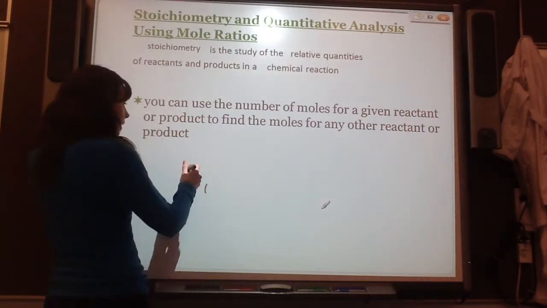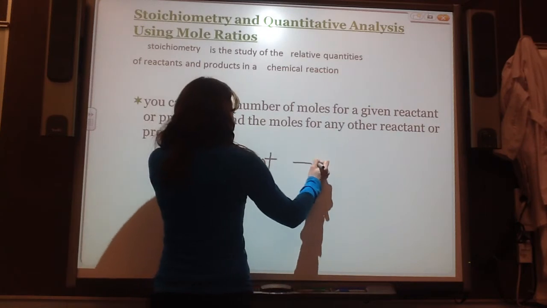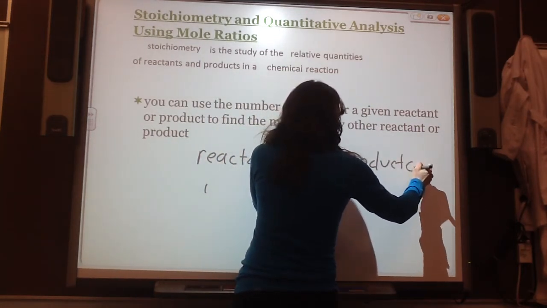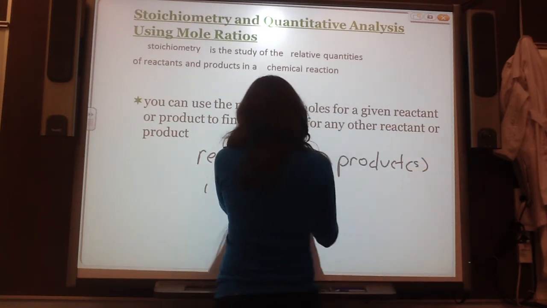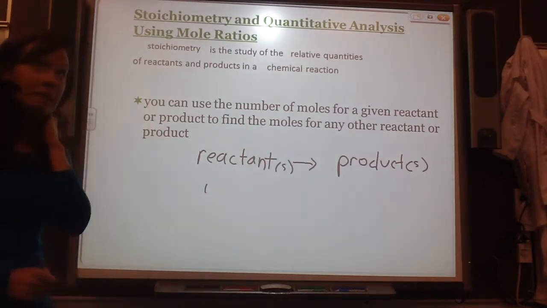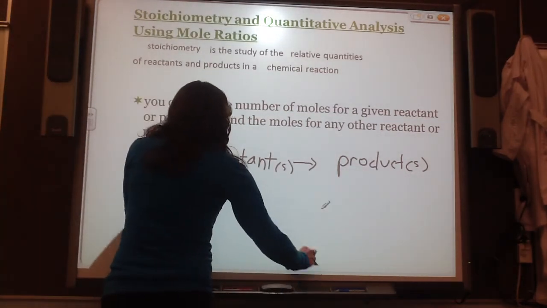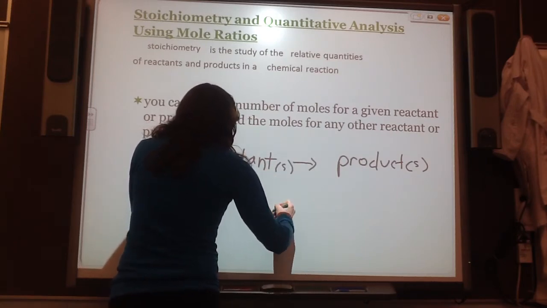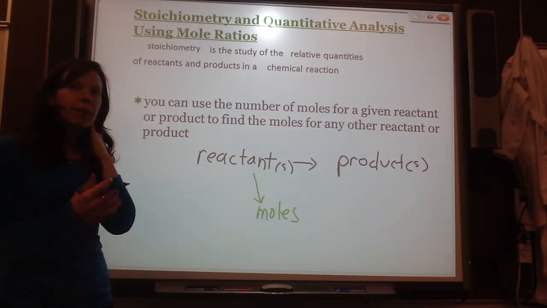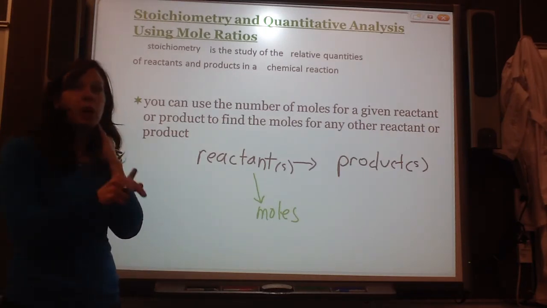Okay, so if we think here, reactant goes to product, and it could be multiple, so S for plural, not for solid. The whole thing is that if I find the moles of a reactant, I can compare it to see how many moles I should have of products.